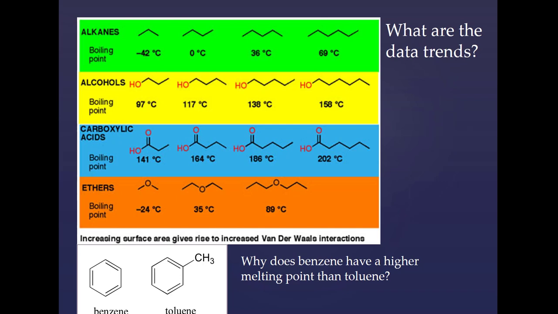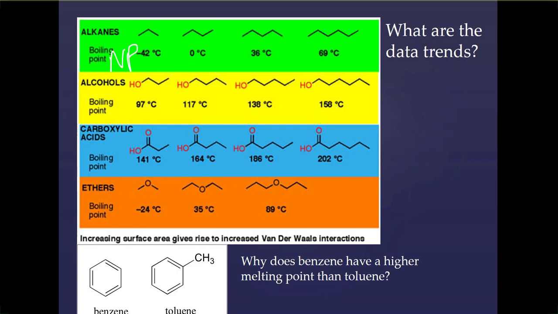So we have some trends here, and there's really a lot of information here that we can look at and analyze. Let's start off with the first row. This is a row of alkanes. Those little squiggly lines, remember the end is a carbon and any bend is also a carbon. So we're looking at nonpolar molecules in that first row.